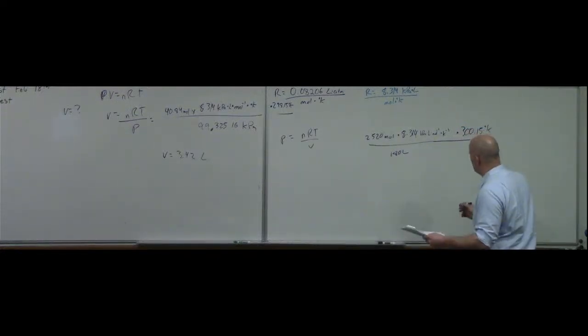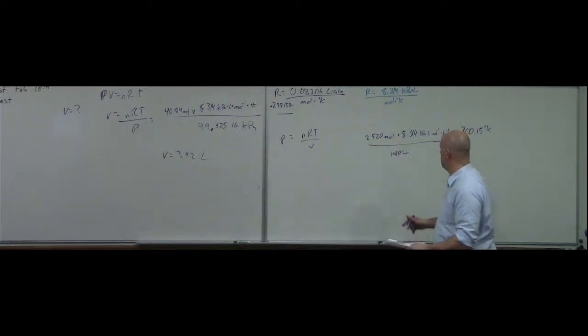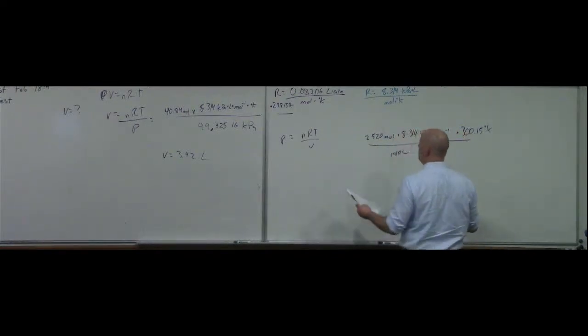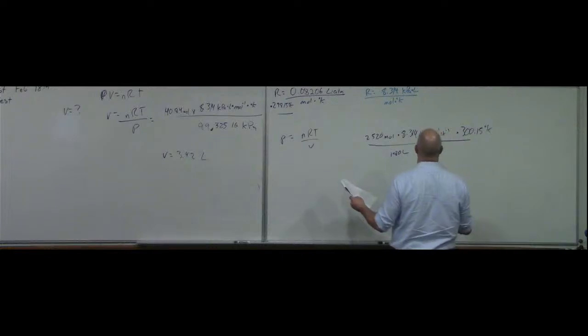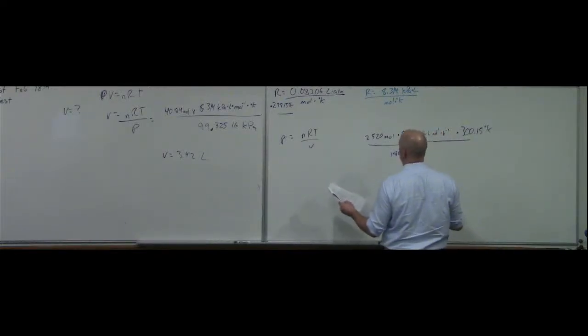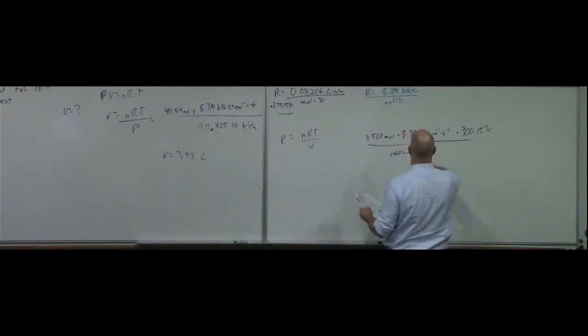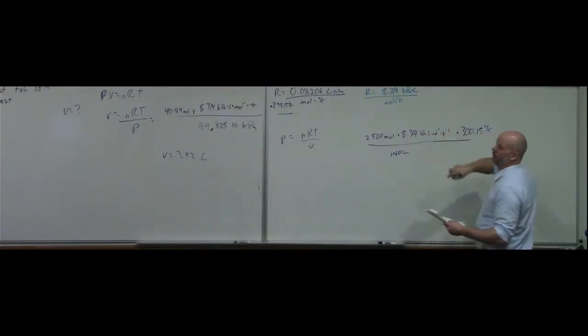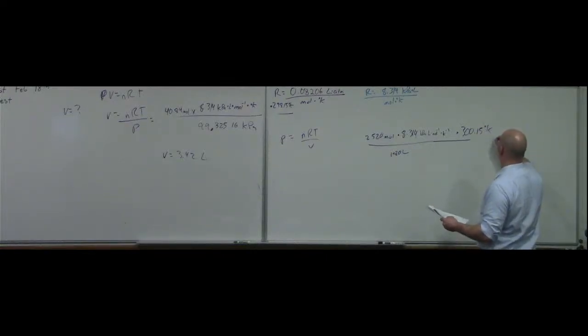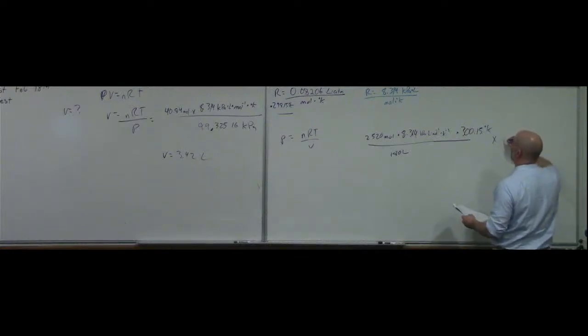Pressure wants to be in bar, right? We end up with pressure in kilopascal, which is easier, because 1 bar is 100,000 pascals. So we're going to multiply at the end by 1,000.